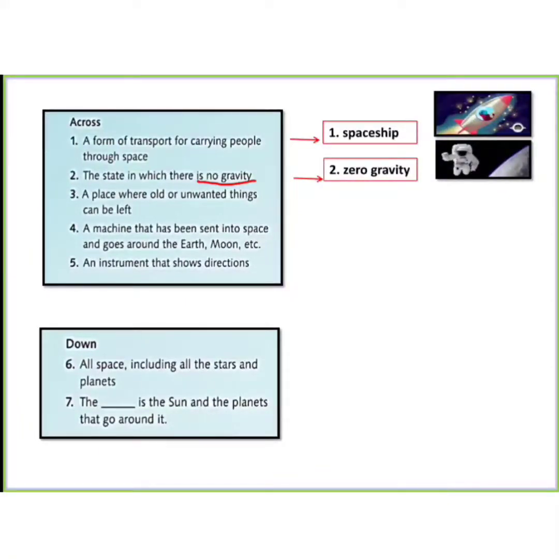Number 3, a place where old or unwanted things can be left. Unwanted things can be left there. Yes, scrap yard. Look at the picture, scrap yard. Number 4, a machine that has been sent into space and goes around the Earth, Moon.